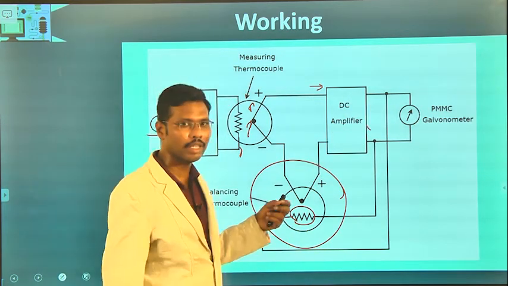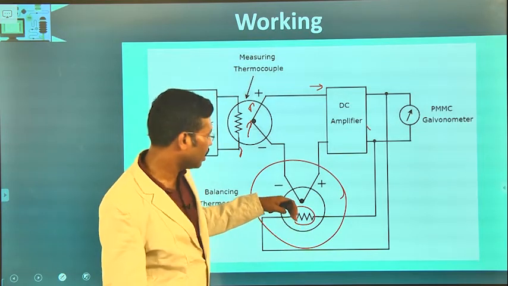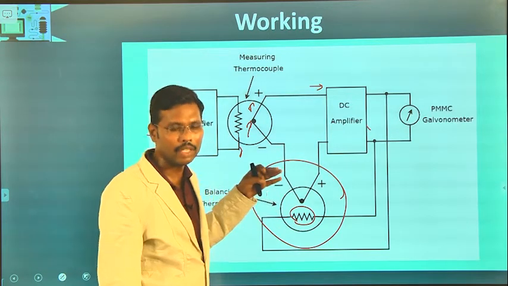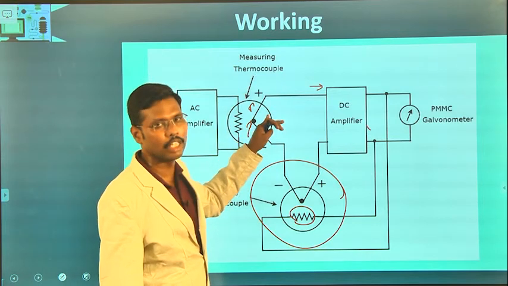So, depending upon the signal, this heating coil will be heated up, and the balancing thermocouple signal also will start increasing, and will increase till it is equal to the signal of the measuring thermocouple.